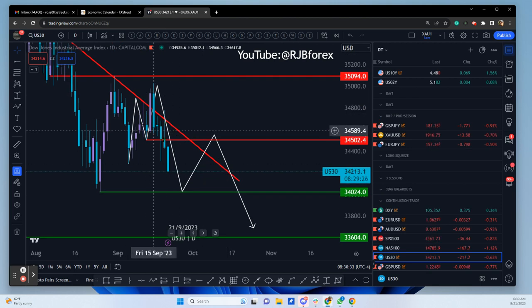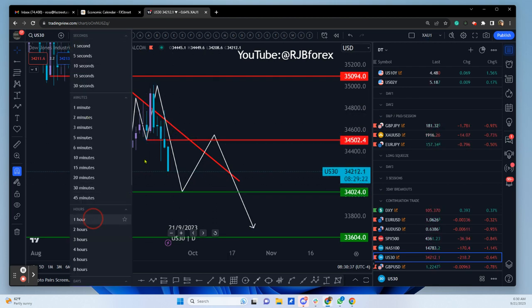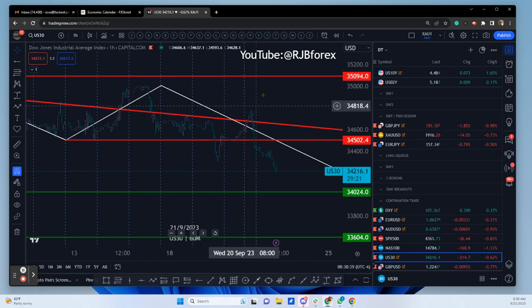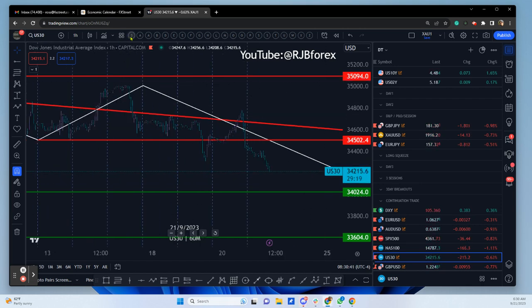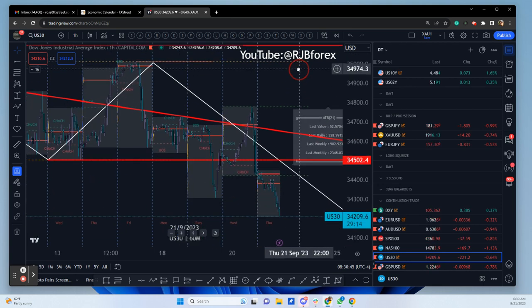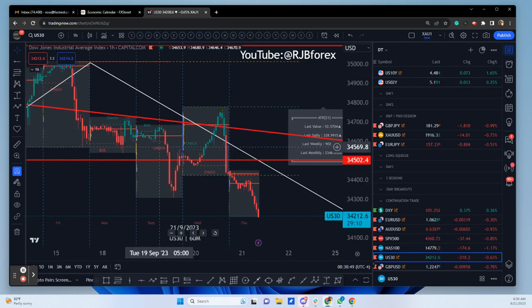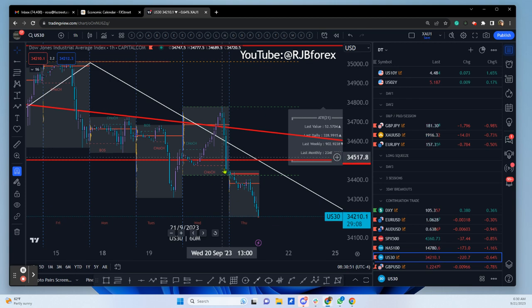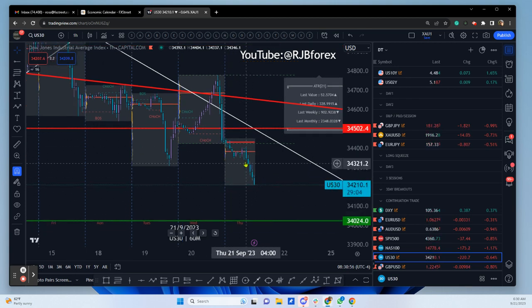Front side, short. Okay, so looking for shorts, continuation trade. A 3-day cycle, where are we at? So day 2. This was day 1 shorts, day 2 shorts, continuation trade lower.